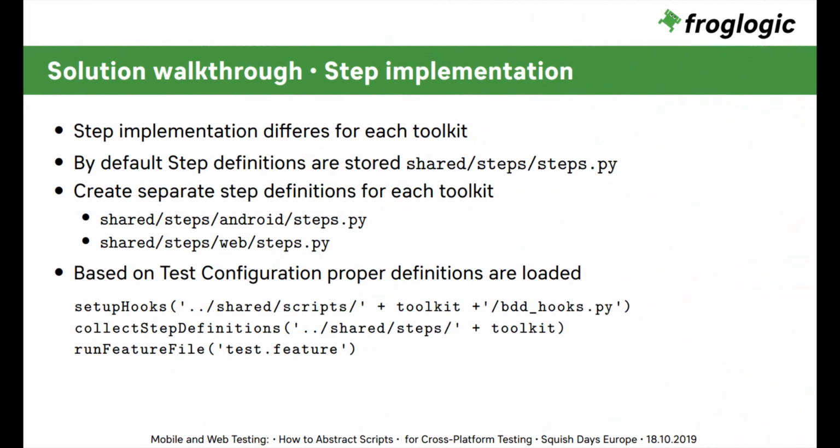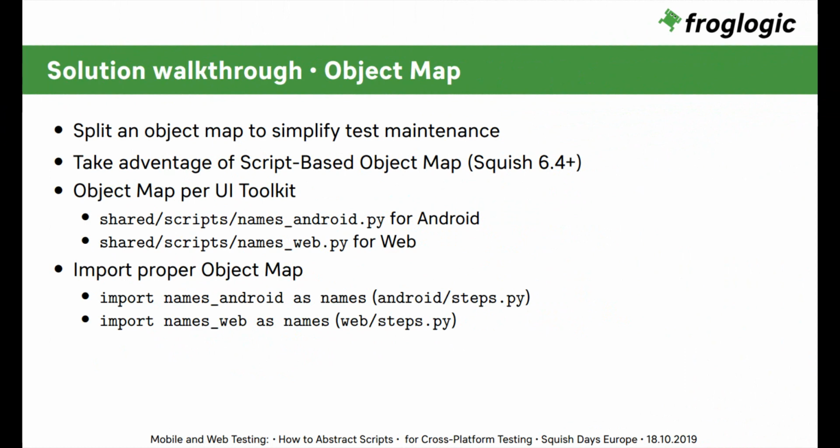So what are the key elements of our solution? First, step implementations are different for each frontend. And second, based on the test configuration, so in our case based on the Squish Toolkit environment variable, the proper definitions are loaded. In the object map, Squish stores object names and key object properties used to recognize each UI control.